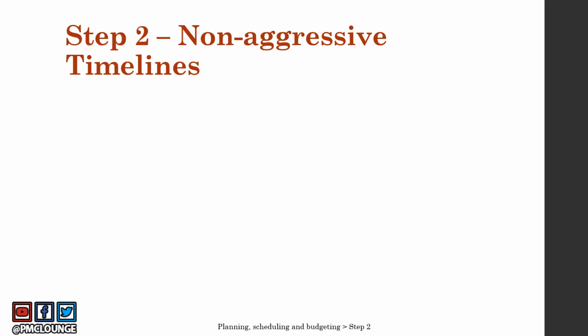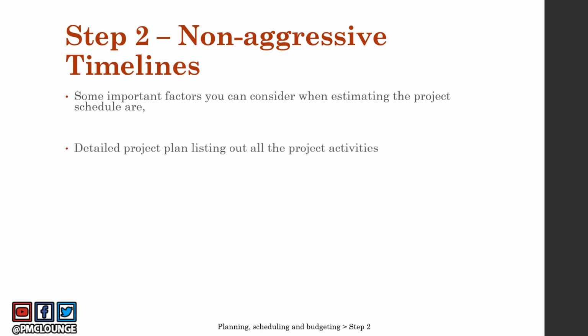Moving on. So let's talk about some of the important factors that you need to keep in mind when you are coming up with the project schedule. First one is a detailed project plan listing out all the project activities. So you should have a view of the project plan that enlists all the project activities. Here you can make use of all the tools that we talked about, the work breakdown structure, the critical path, the logic diagram, all that.